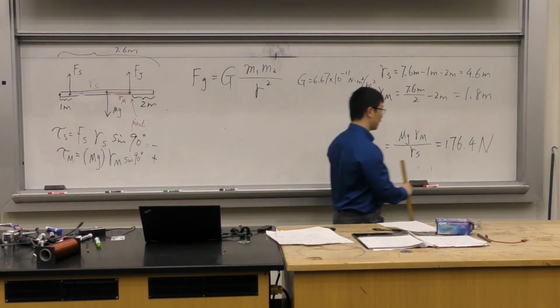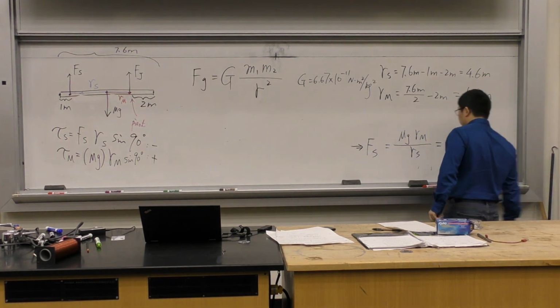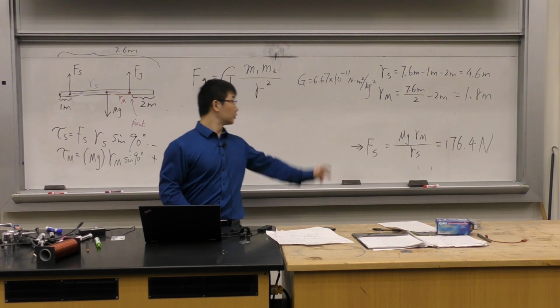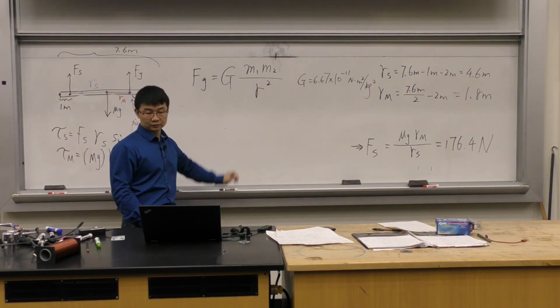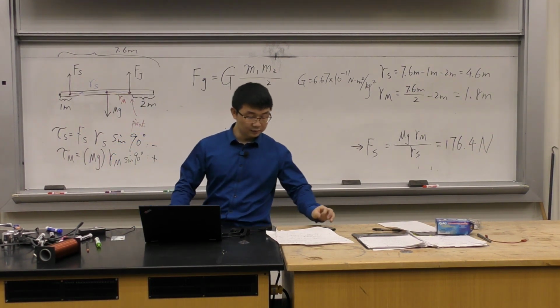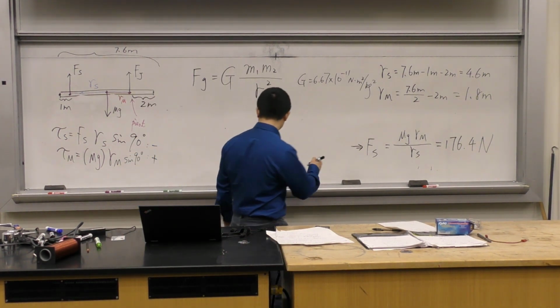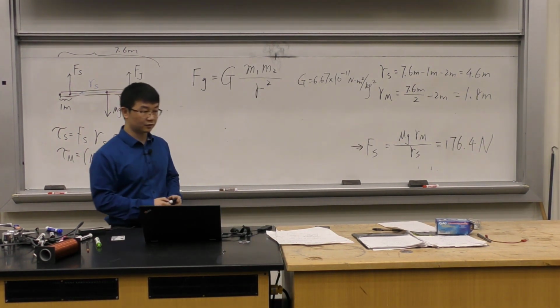So I want you to calculate the gravitational force between them using this equation we just learned. So pause the video, find this number, and this is just plug and chug. I hope everyone gets the right answer.